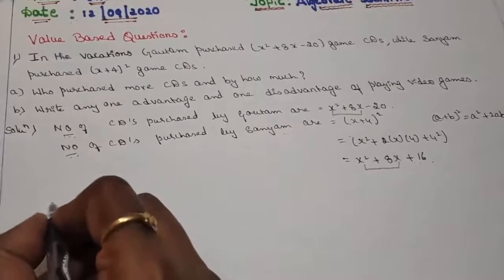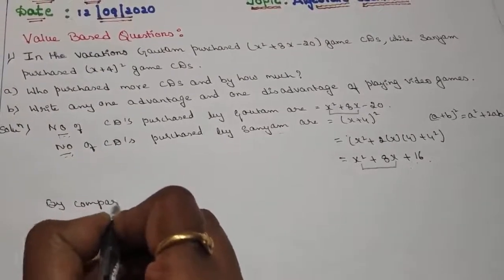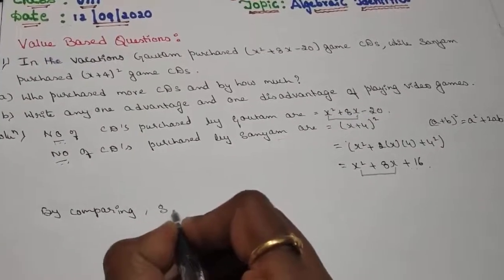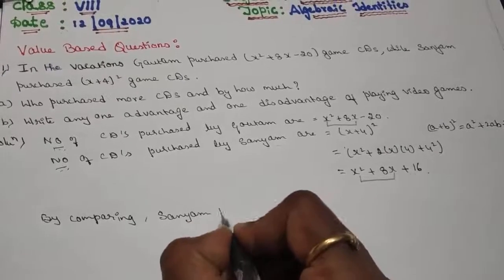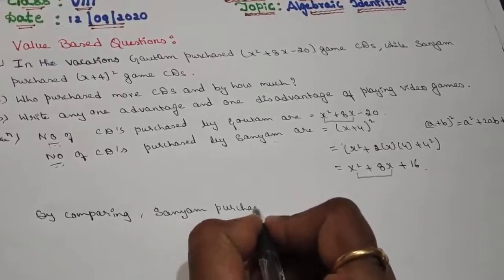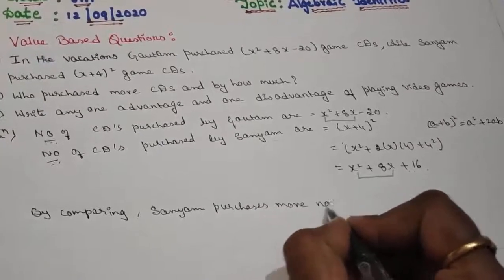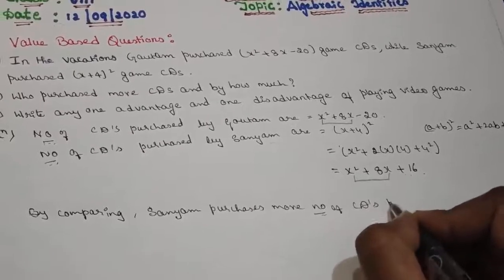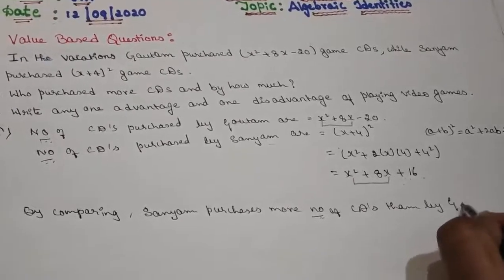So by comparing, Sanyam purchases more number of CDs than Gautam.